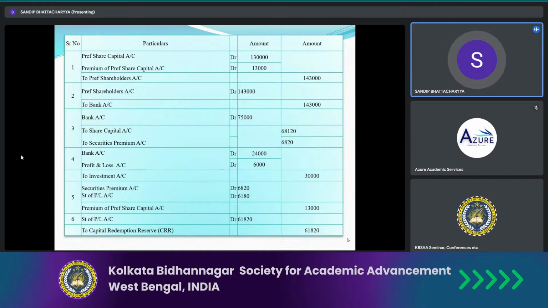So the securities premium account debit 6,820, statement of profit and loss account debit 6,180, to premium on preference share capital account is rupees 13,000. And the sixth entry, that is the capital redemption reserve, we have already mentioned in our previous slide. I just need to show it.